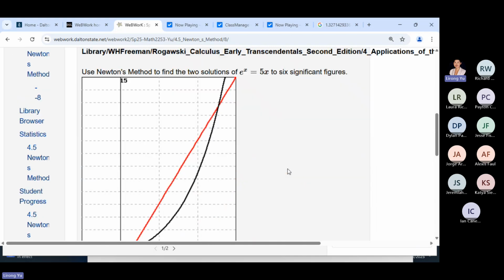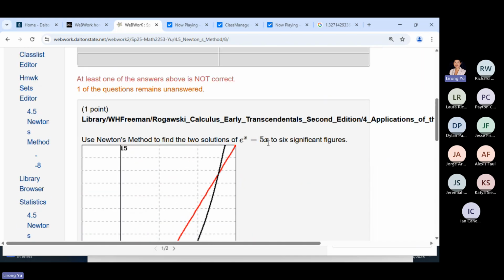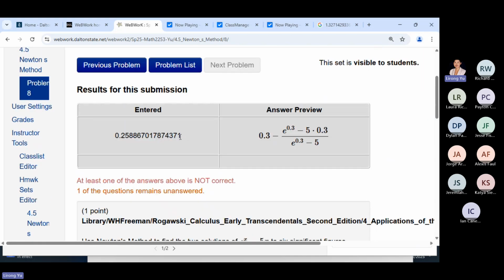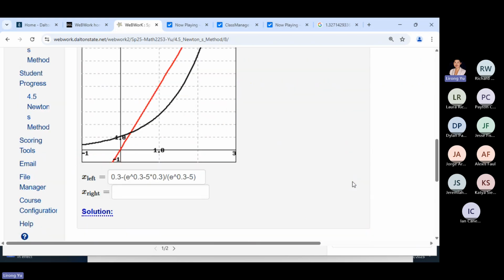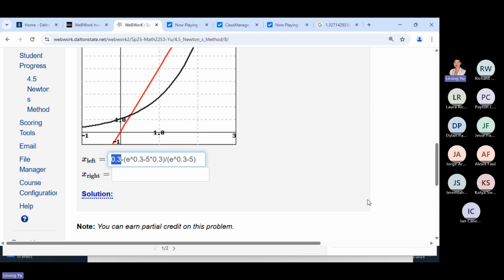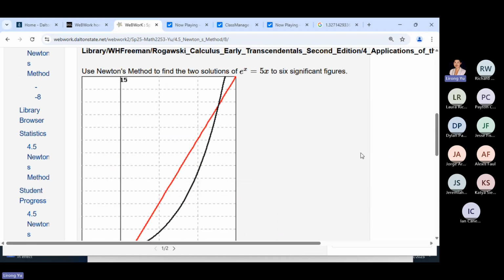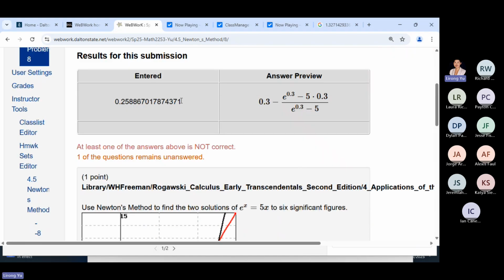It looks like it's not close enough, but then we can try again. This number is going to be your new number, your x1. So that replaces 0.3. Let me copy it.